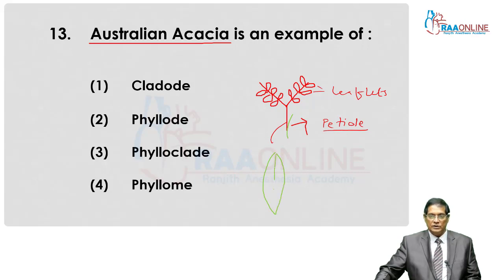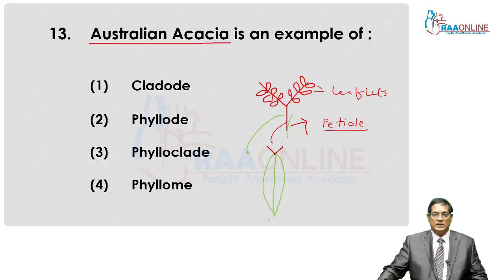This is actually the petiole and it becomes leaf-like green. Whereas, what about the leaflets? They fall down.